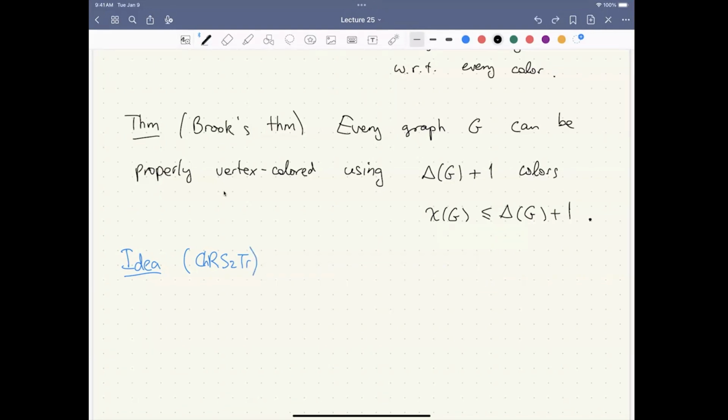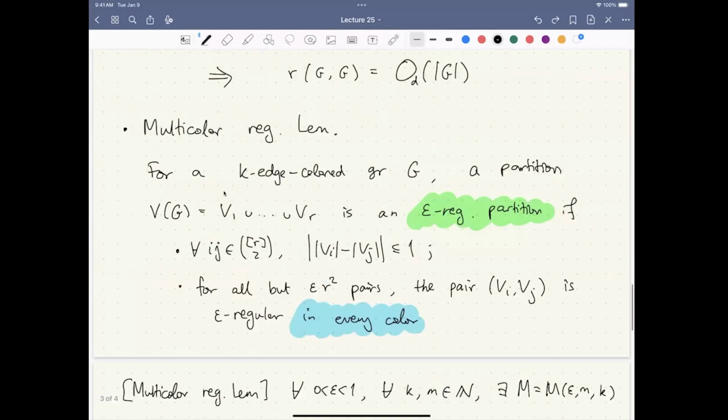Recall our graph G. Here's the statement.